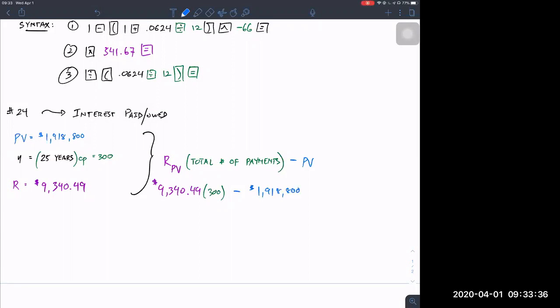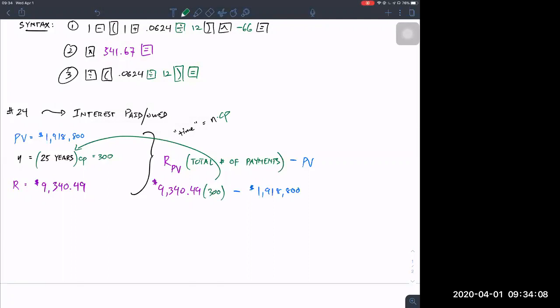1918800. So then you get normally the key questions that students get. Oh wait, where did 300 come from? Remember, 300 came from this. So remember, it was always this time aspect, which is the n, but then you go multiply by the CP, because then students will go, oh, you multiply 9,349 times 25, but then they forget that you're doing it for 25 years, but you're paying per month.